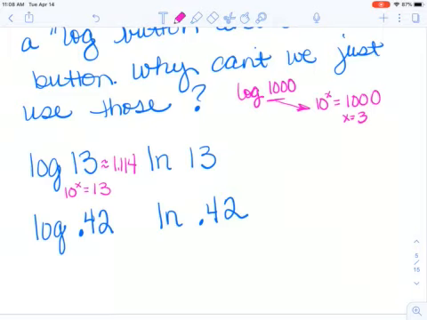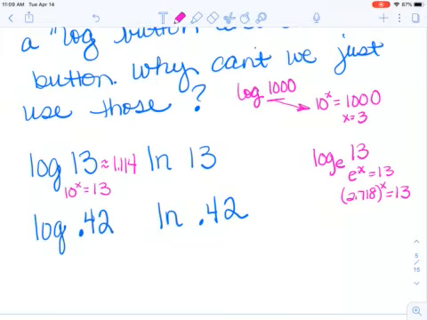Okay, what about ln? Well, we didn't really talk about that, but ln means log base e. So in other words, e to what power is 13, or 2.718 blah, blah, blah to the x power is 13. Again, that one, not really doing in my head so much.